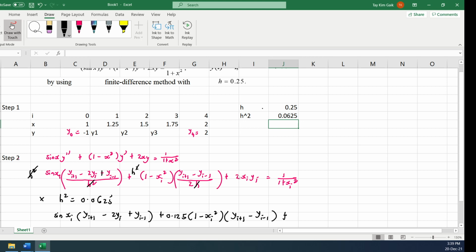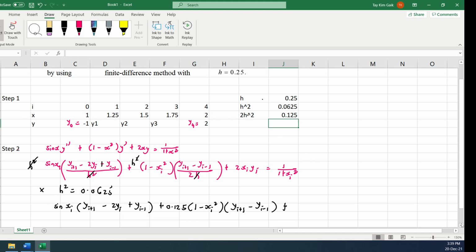The third term has 2h squared, so you calculate 2 times this value, which is 0.125.